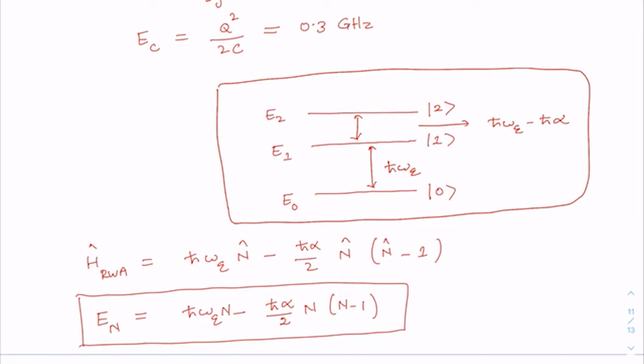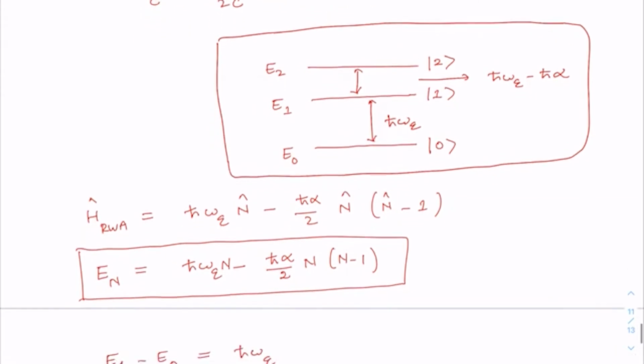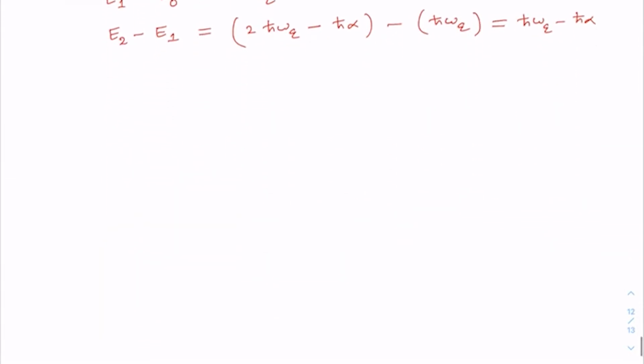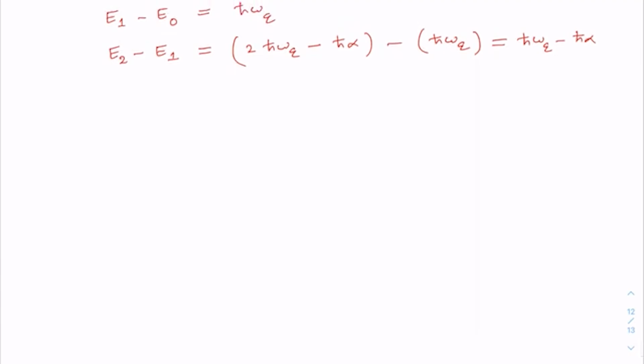Because of the nonlinearity, the harmonic oscillator now becomes anharmonic, and this is what is needed to make the transmon usable as an effective two-level system or qubit. With the parameters we have mentioned, this omega q turns out to be around 5 gigahertz, and alpha turns out to be around 0.3 gigahertz.